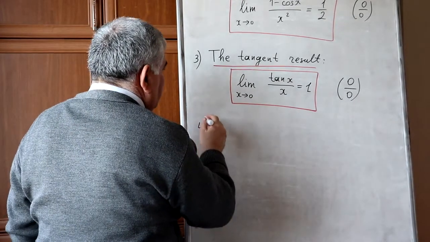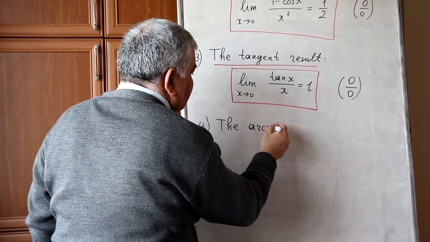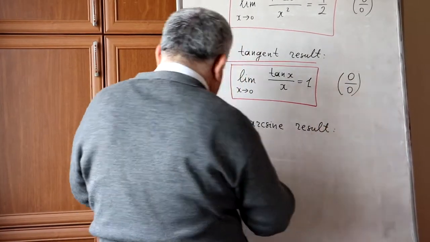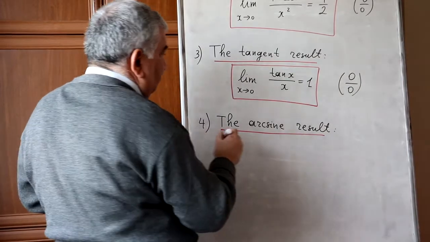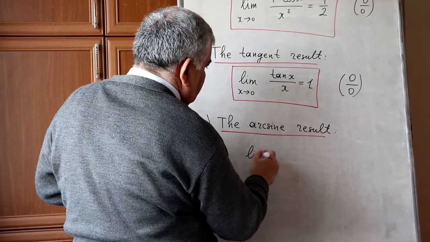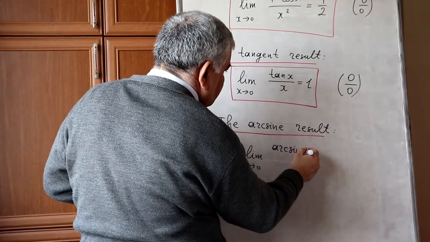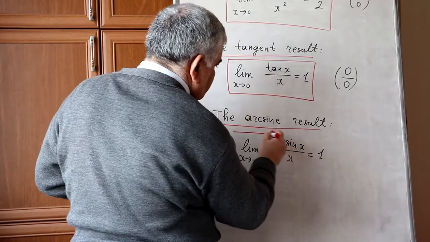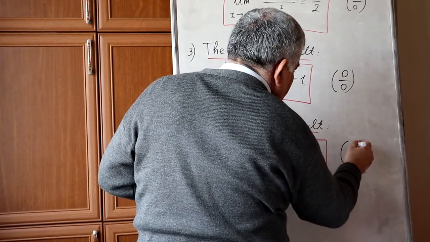Fourth result, the arcsine result. Limit when x tends to 0, arcsine x over x is unit. It is also the indeterminate form of 0 over 0.